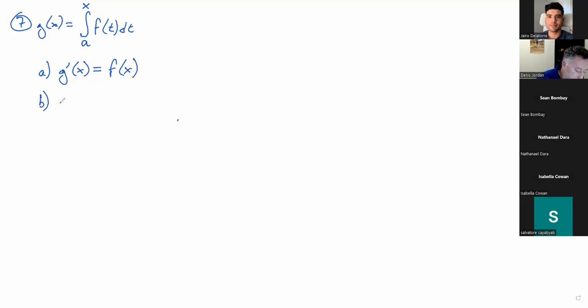Okay, so if G prime is equal to f, what's G double prime equal to? Just f prime. Yeah, just the derivative of f. If you knew what f of x was, you could give me a very specific derivative, but you don't. So all you can do is use the derivative notation.